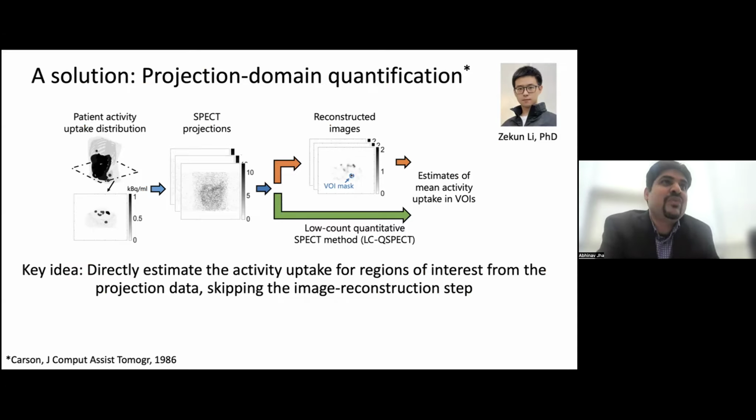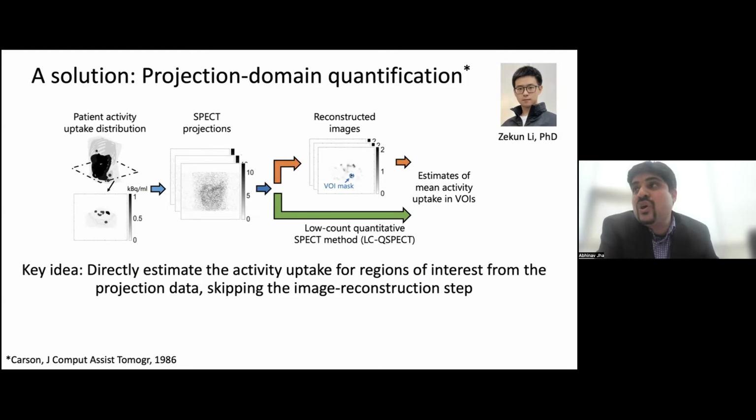This goes back to some early work in the 1980s by Rich Carson on an ML ROI based approach, and we expanded that approach, advanced it in the context of radiopharmaceutical alpha particle RPTs. The idea was that when we do these scans, we also acquire a CT scan in conjunction with the SPECT scan. With the CT scan, we can get VOIs, volumes of interest for the organs, and in some cases for the lesions.